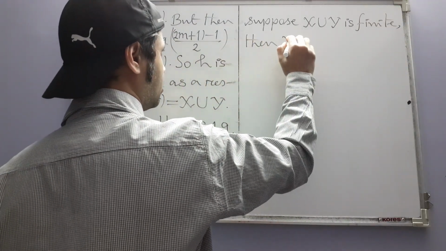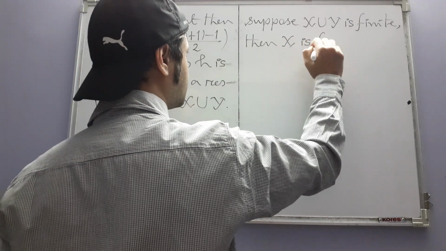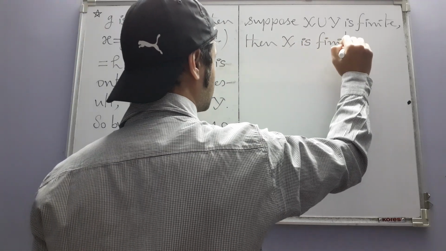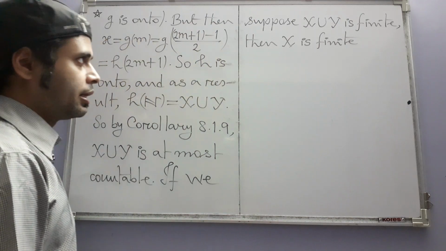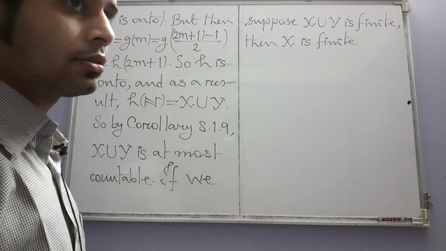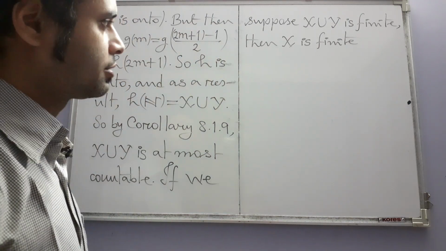Then x is finite by one of the properties of finite sets, which says that any subset of a finite set is also finite.